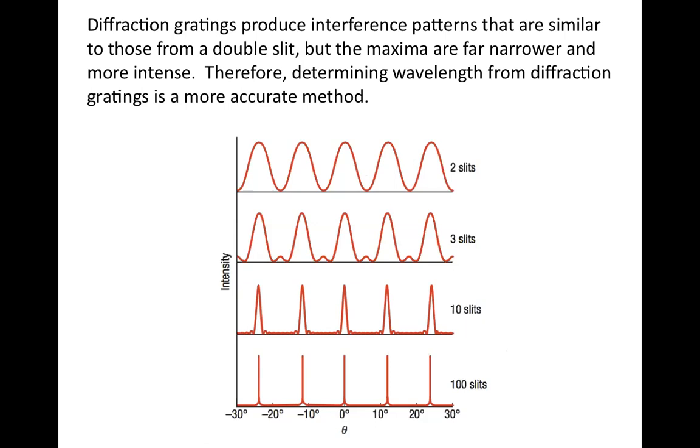Determining the wavelength from a diffraction grating is a much more accurate method, because if we want to take measurements along here, which would be the angle or the width of the screen, so if this is your light source, that would be like a 10-degree angle away from the central line. We can get that angle much more, it's a much sharper measurement.